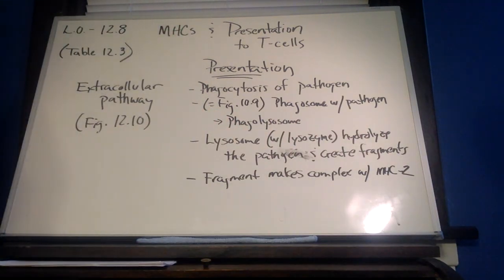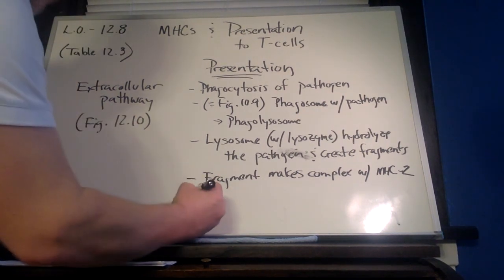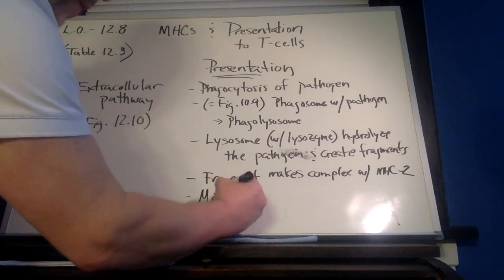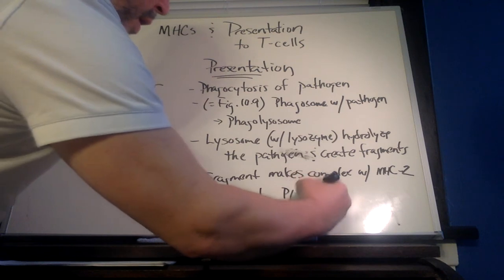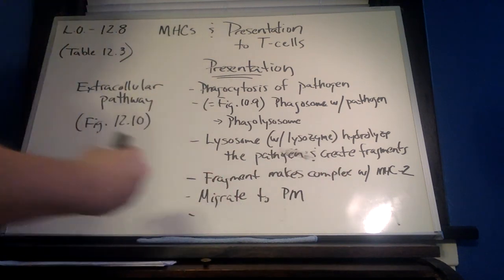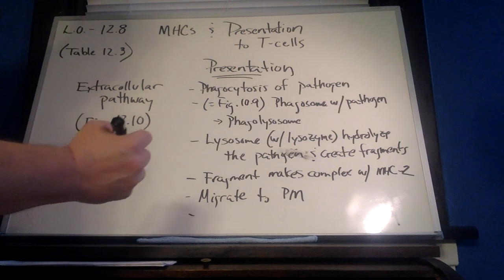This MHC antigen complex will do what it did in the other cell. This will then migrate to the plasma membrane. But now it's not going to be a cytotoxic cell that it'll be presented to. Now we're going to present this to a T helper cell.